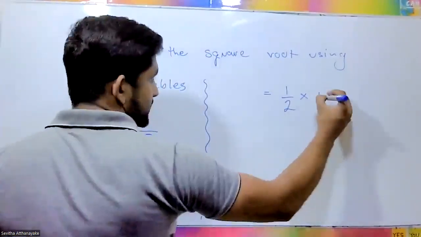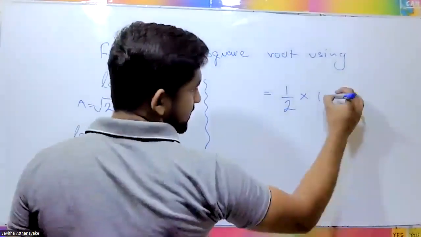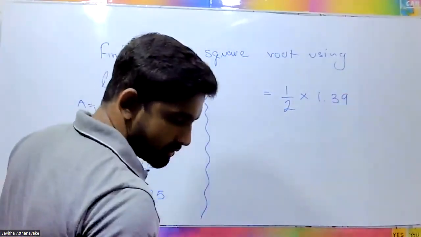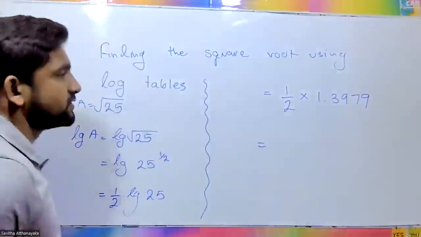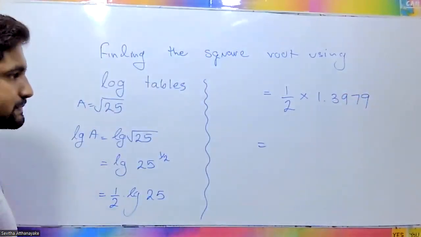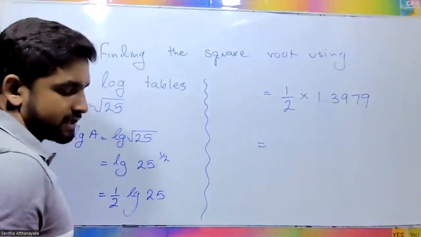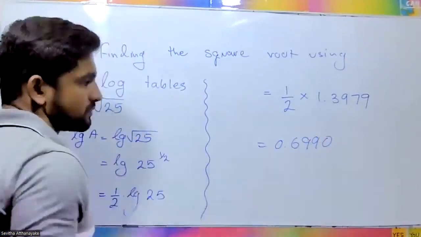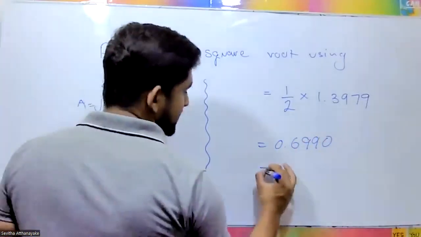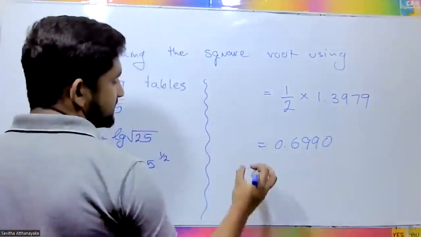It is 1.3979. Okay. Now this should be divided by 2. 1.3979 divided by 2, we get 0.6990. Then log a is 0.6990.